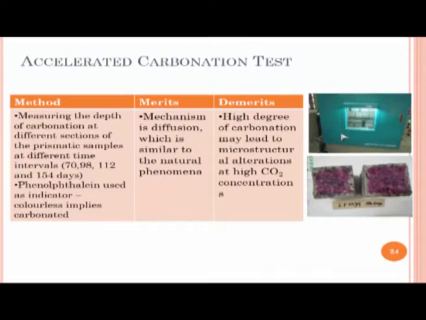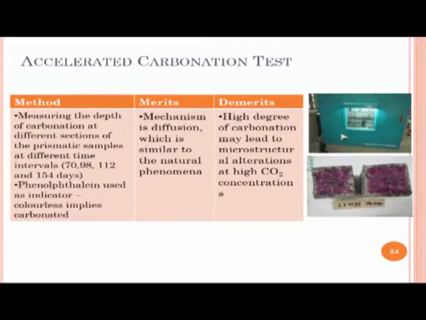So you subject your specimens, typically prismatic specimens, to a high carbon dioxide environment, 1%, sometimes 3%, some people have done with 50% and 100% also, but those are totally irrelevant. Even 1% for instance is 25 times higher than the atmospheric carbon dioxide, but still it reduces the test duration by a significant amount.